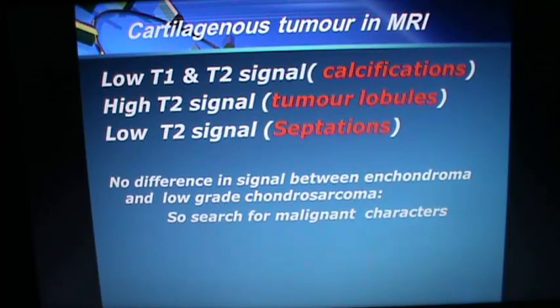If we compare a chondroma with a chondrosarcoma, there is not much difference in MRI. We should depend on the malignant characters, extraosseous extension, and the appearance of the surrounding periosteum and the cortex.